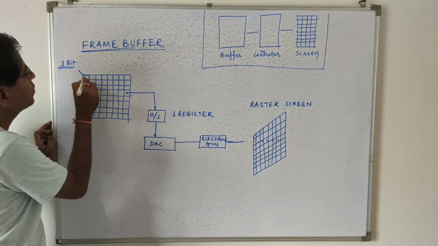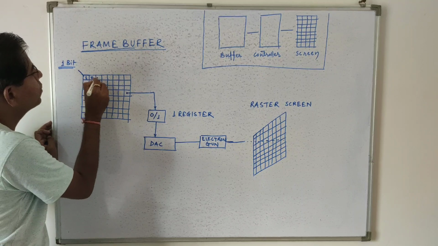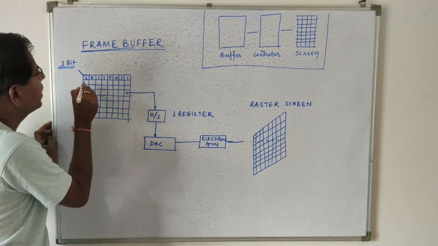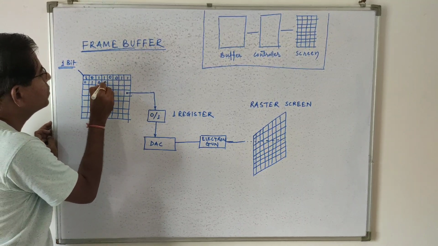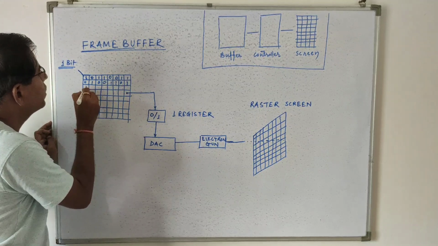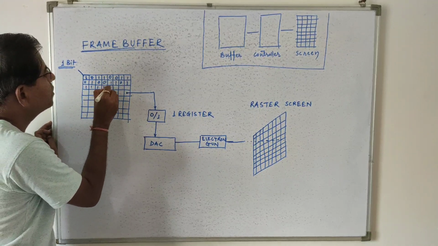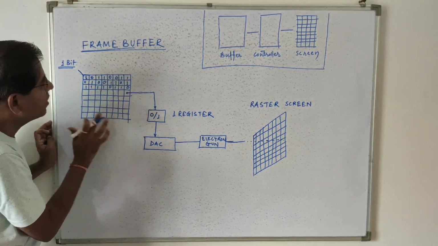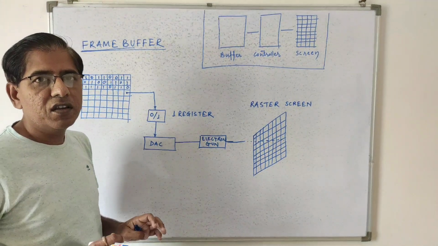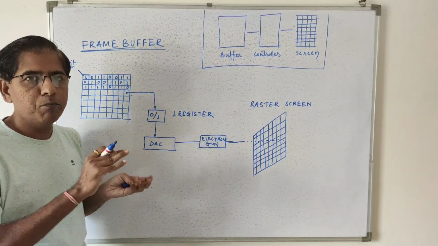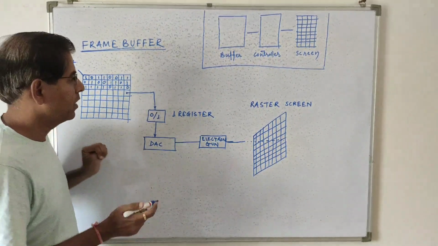Say suppose this is 1 0 1 1 0 0 1 1, like this 0 1 0 0 1 1 0 1 1 1 1 1 0 1 1 0. So like this the entire frame buffer is storing information in the form of bits, 0 or 1.